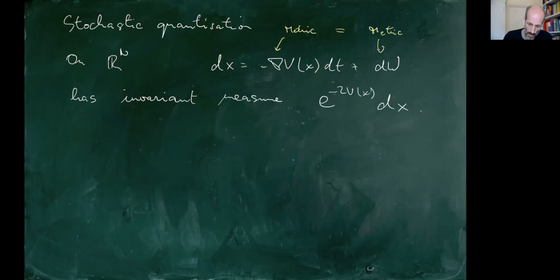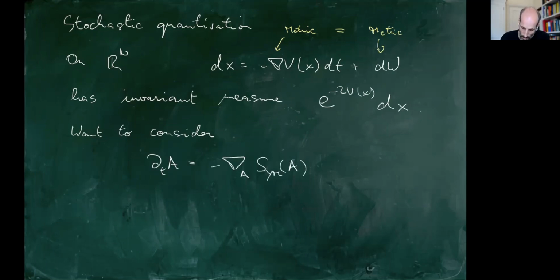Formally we would get dtA equal to some sort of gradient in the A direction of this Yang-Mills functional, plus some sort of white noise.